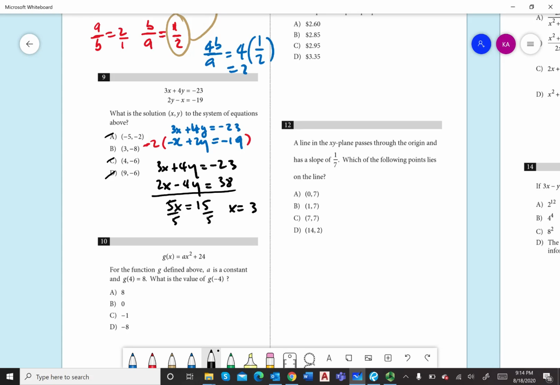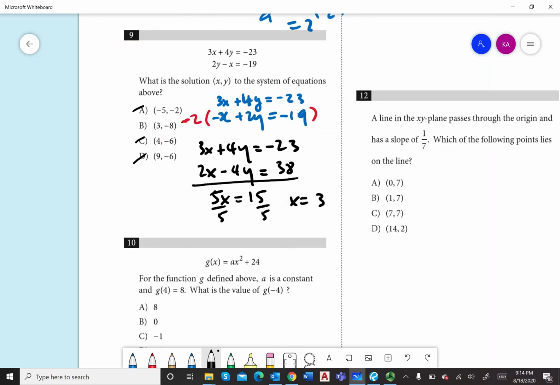But just to check and be completely sure, I can go back and plug in x in this equation here. That seems to be the easiest. So 2y minus 3 is equal to negative 19. I add 3 on both sides. I get 2y is equal to negative 16. I divide by 2, and I get y is equal to negative 8.